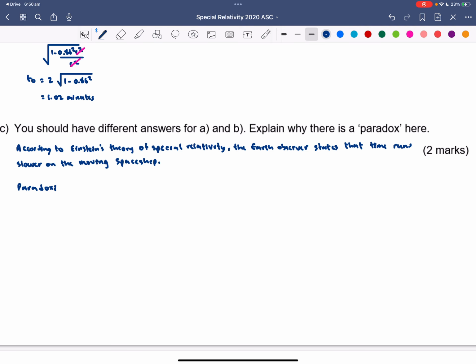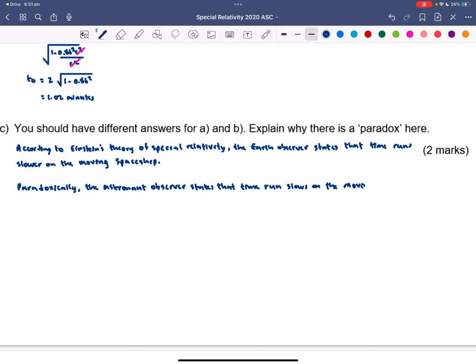So paradoxically, the astronaut observer states that time runs slower on the moving Earth, because according to the astronaut, the Earth is moving.